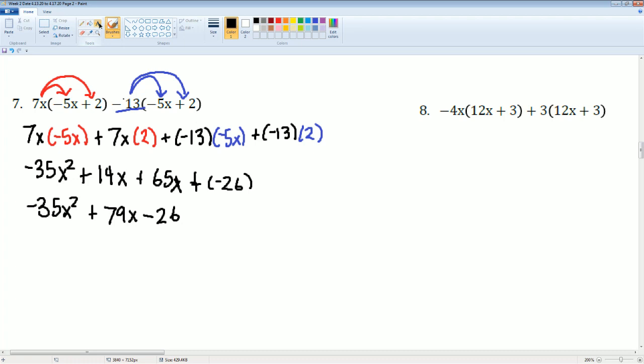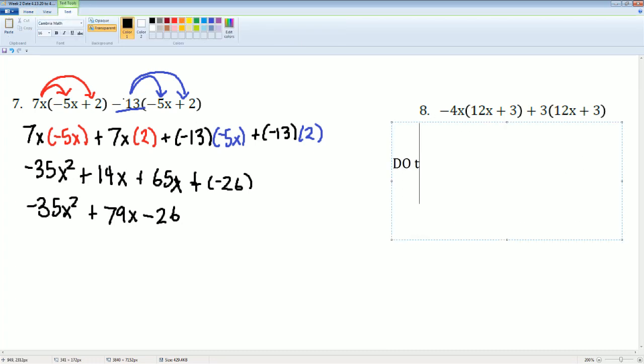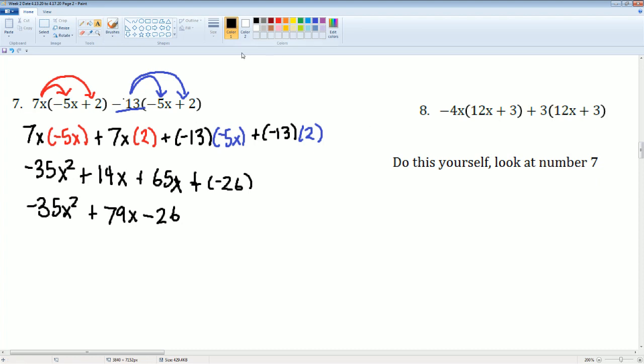The last one, for 8, do this yourself. Look at number 7. There is going to be some work that you're going to have to do.